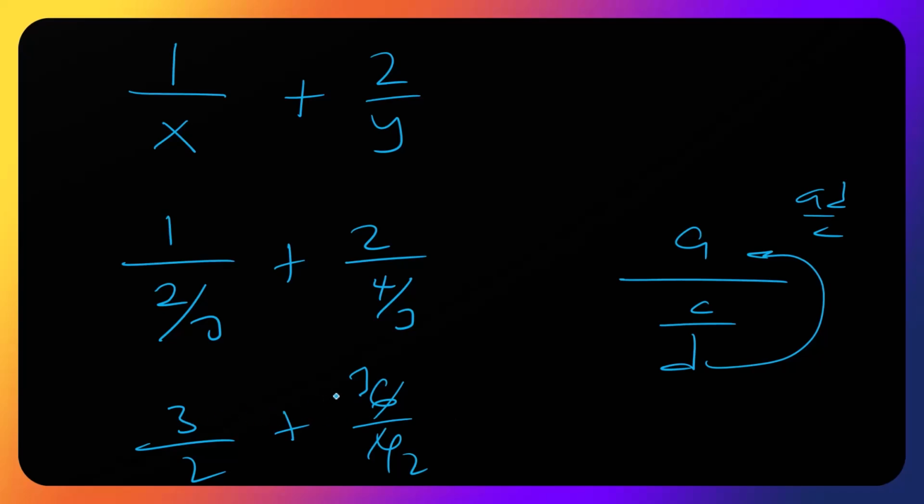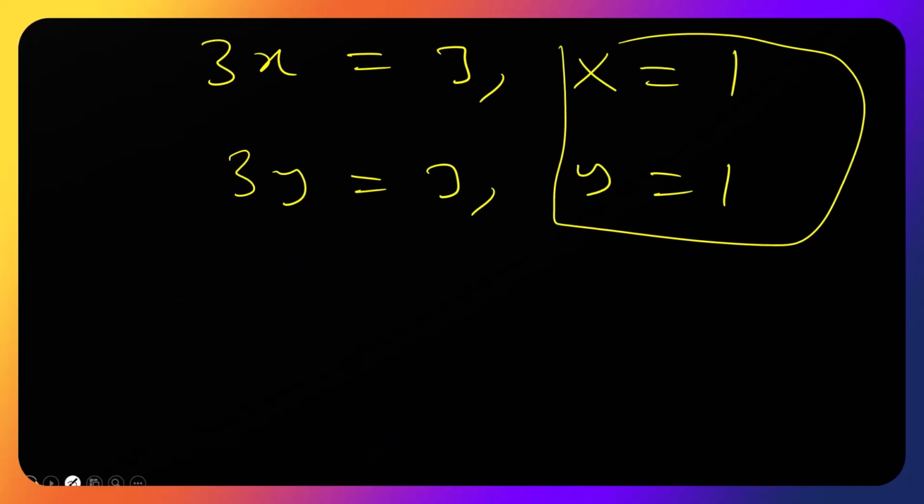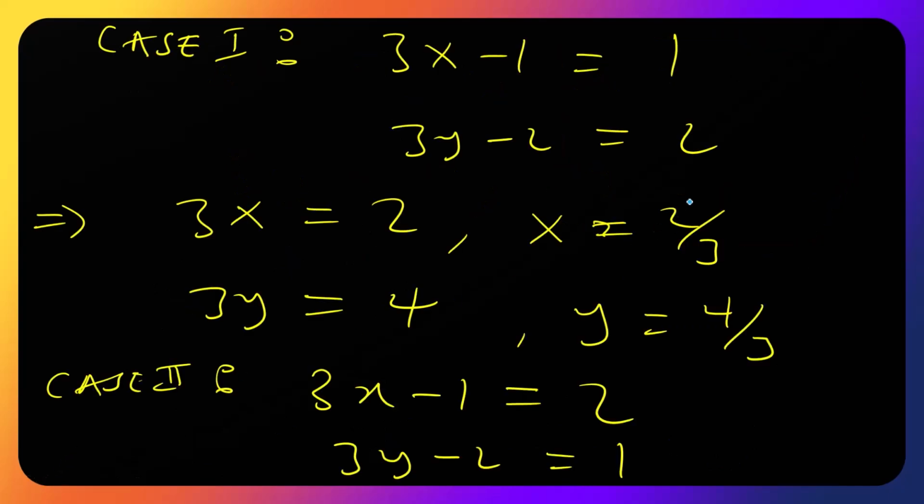So we have equal denominators, so that will be 6 on 2, which is 3. Hence, I think the two solutions are all true. So this one is true and this one too is true.